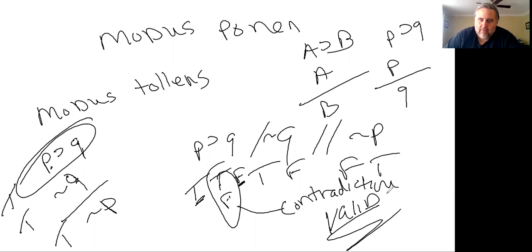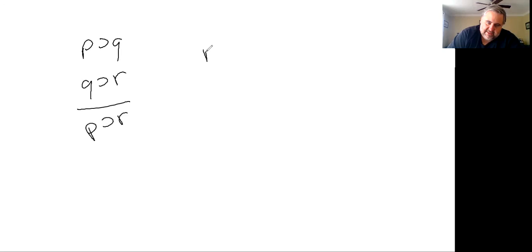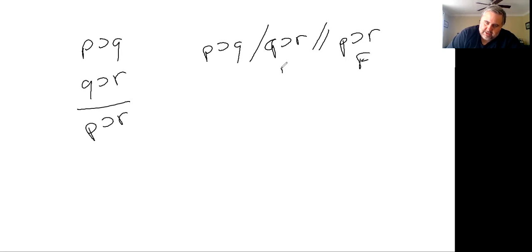Okay? Now, one of the things that comes up is we have a couple of forms. We also can do this with hypothetical syllogism, or pure hypothetical syllogism, where you go like this: P horseshoe Q, Q horseshoe R, therefore P horseshoe R, and you make the assumption true, true, false. The only way for this to be false is to go like that.